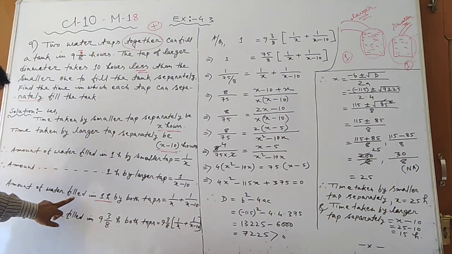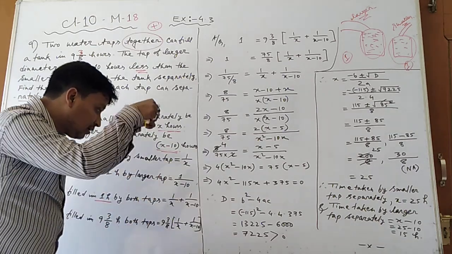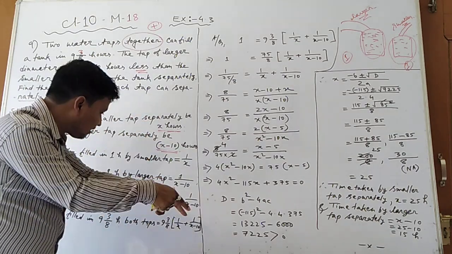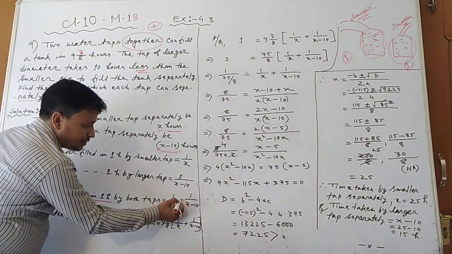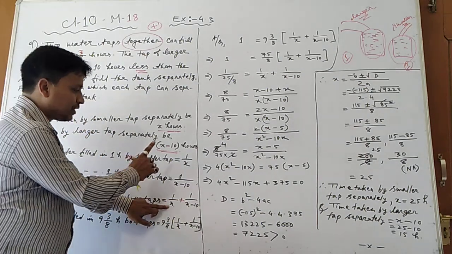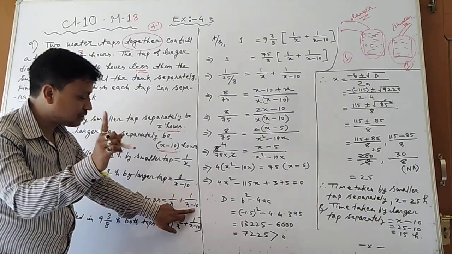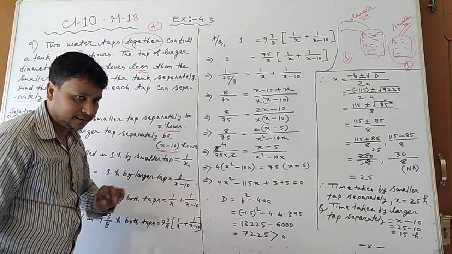The amount of work filled in 1 hour time by both taps together at a time in one tank. So together means plus here: the work done by the smaller tap is 1 by x, and the work done by the larger tap is 1 by x minus 10.